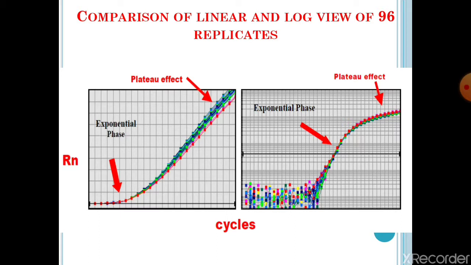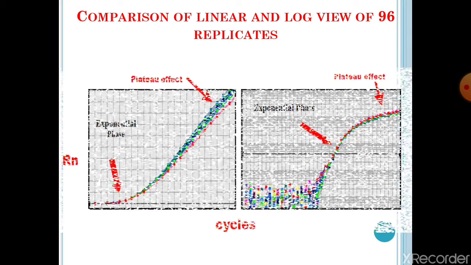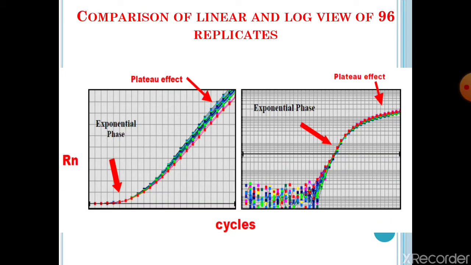Now you can see clear-cut segregation in the exponential phase. So in real-time PCR, because we are doing the detection in the exponential phase, the detection is much easier than detecting after the plateau is achieved. This is again the comparison of linear and log view of 96 replicates, the same figure.